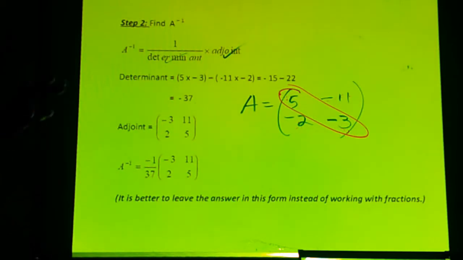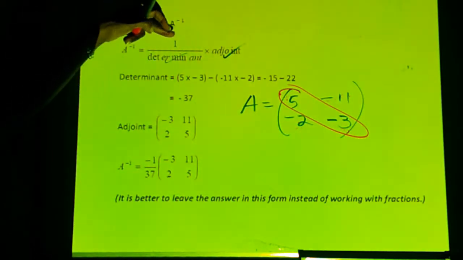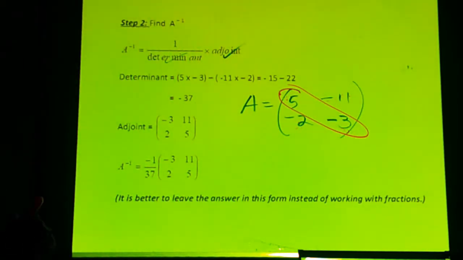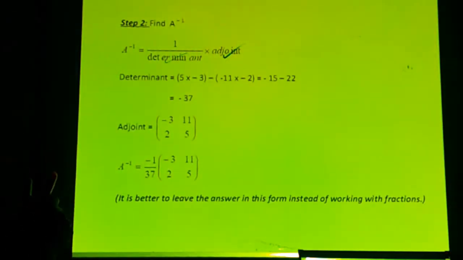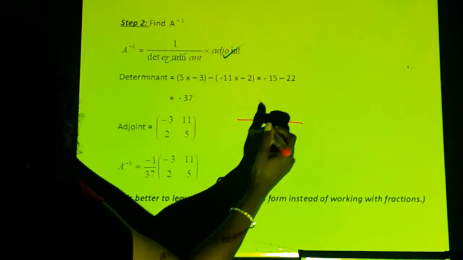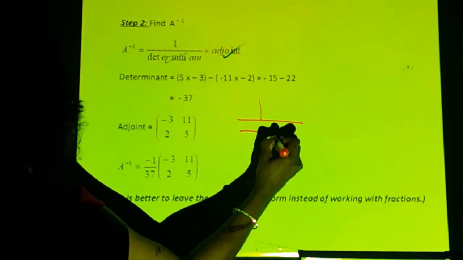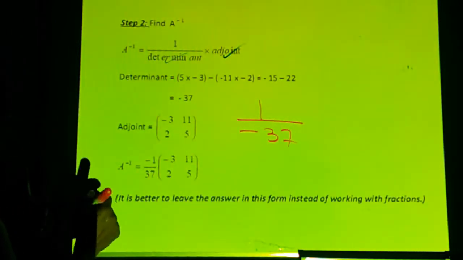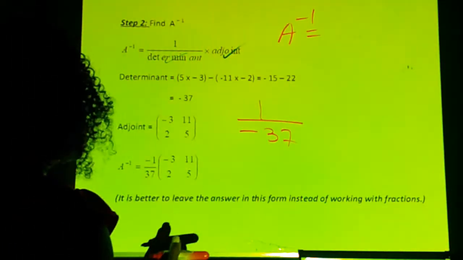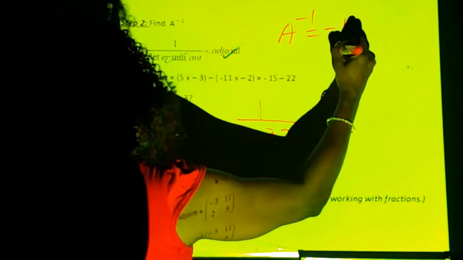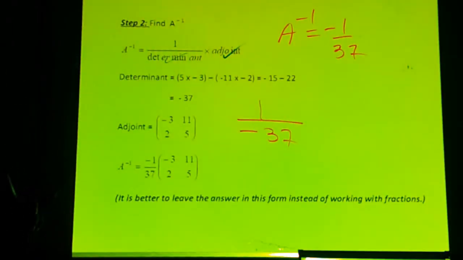And let's put them together now, because the formula says 1 over the determinant. So it's 1 over the determinant. Now the determinant is negative 37. Follow me closely now. The determinant is negative 37. So why is it that I have A to the minus 1 is equal to negative 1 over 37? Why do I have that?